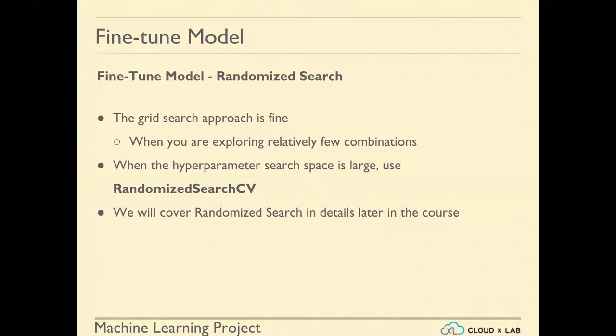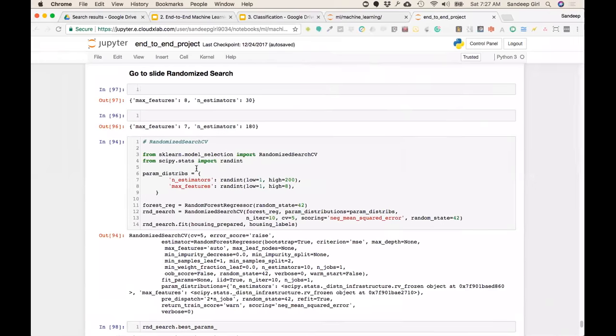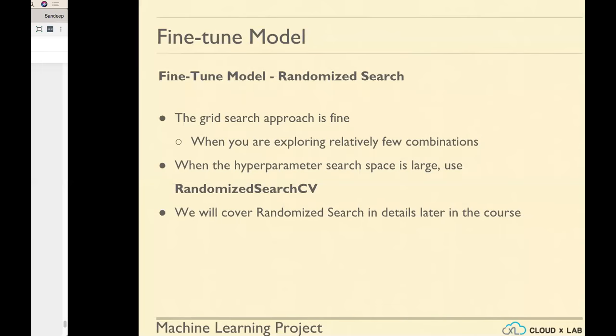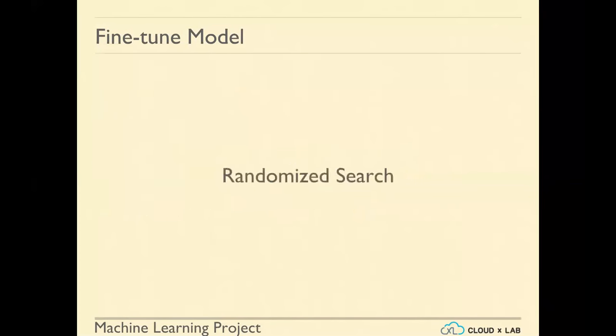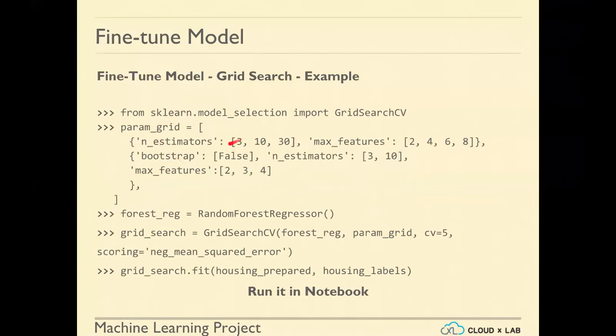Say we don't know much about these parameters, for example. So imagine that we had put 50 values here. In estimators, we said 3,000, 3 million, and 330, and 3, right? Let's say those are the estimators.